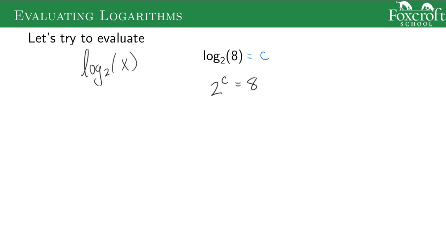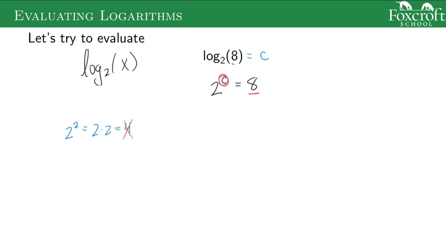So really, when you're answering a log question, you're asking, what exponent do I put here to get the number that was in the parentheses? 2 raised to what exponent is 8? And when you're first doing these, you can do a little bit of guess and check. Maybe you think it's 2. 2 squared is 2 times 2, and that's 4. So that one doesn't work.